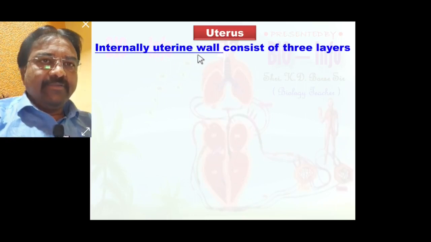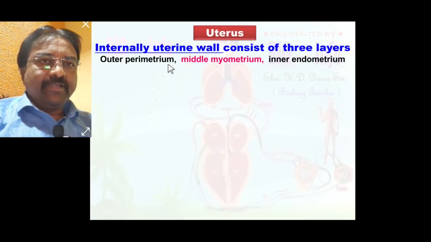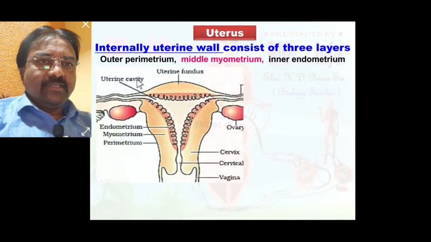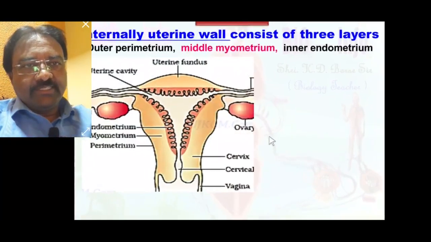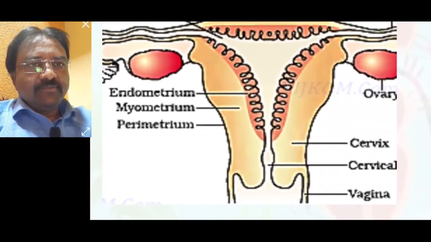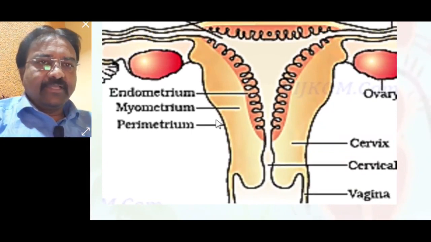Internally, the uterine wall consists of three layers: outer perimetrium, middle myometrium and inner endometrium. So we will discuss all these three internal uterine walls in detail. Here a diagrammatic representation of the walls of the uterus is seen.